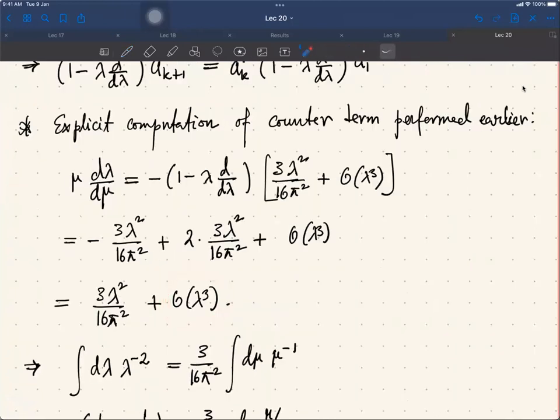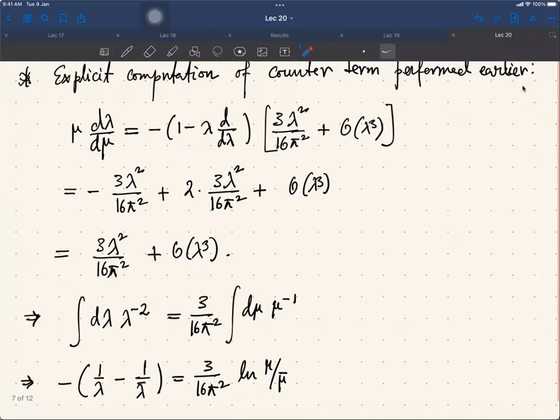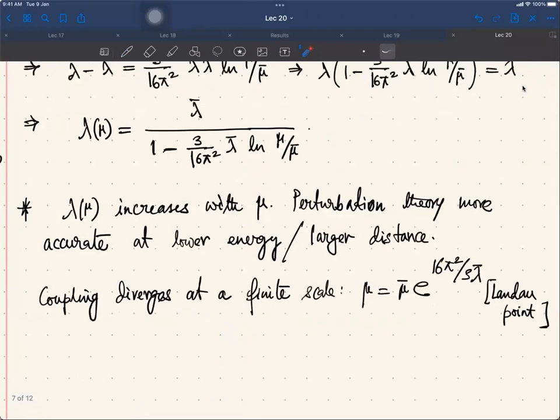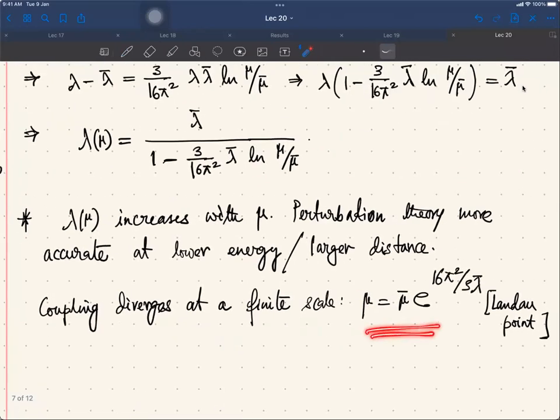So when you increase the scale and lambda becomes large enough that this term becomes reasonably large with respect to this, you cannot neglect it, and therefore the differential equation changes. One has to find higher order terms in lambda to make a more accurate prediction for the running, and without that one cannot rely on this result that the coupling diverges at that point.